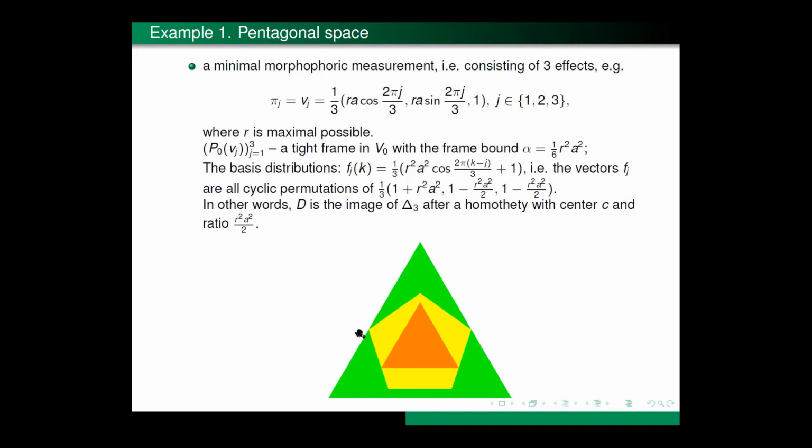And here is our delta, which is actually the whole simplex delta 3. And here the orange one is the basis polytope D, and the yellow pentagon here is just our pentagonal state space mapped by P from V to this simplex.